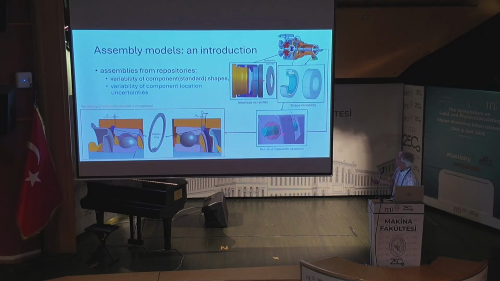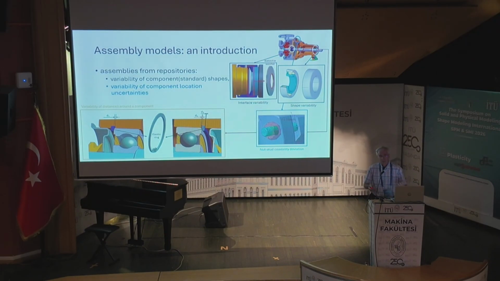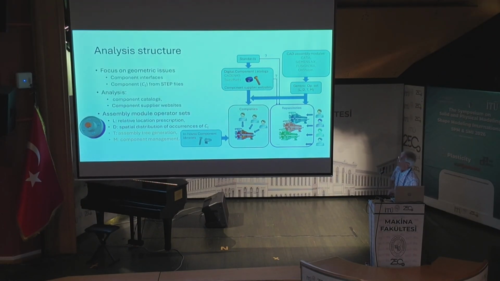And still about distances, for example, here with the nut stud configuration, you have this type of distance, 0.1 millimeter, but the question is: is it consistent or inconsistent? So how could we process that? That's the type of question we find in handling assembly models.